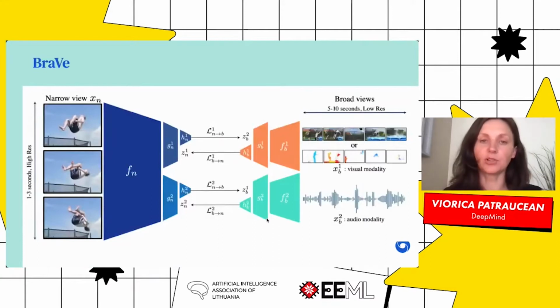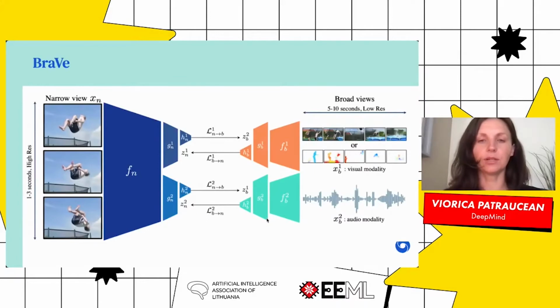You have a two-branch network, and you regress the representation of one from the other. And BYOL was proposed for images. And here in our work, we extended BYOL to videos. So basically, we have two views extracted from a video, what we call a narrow view and a broad view.